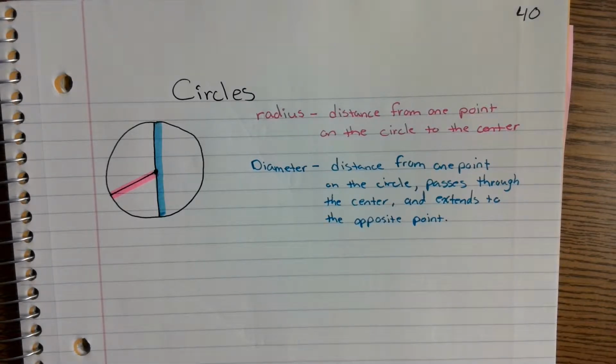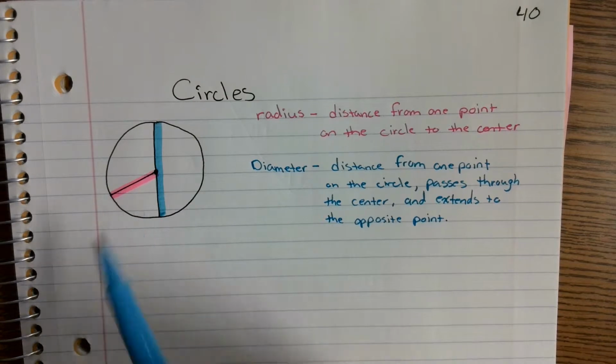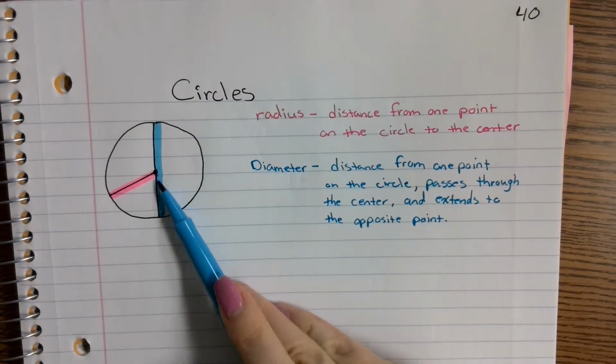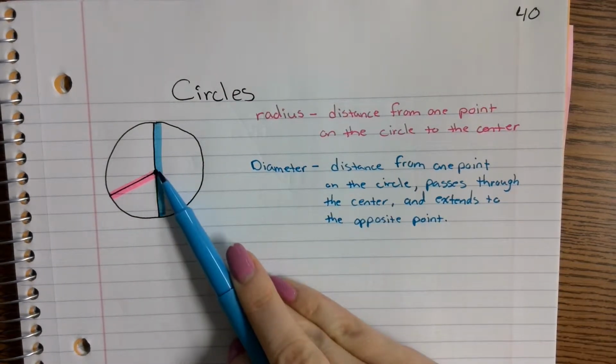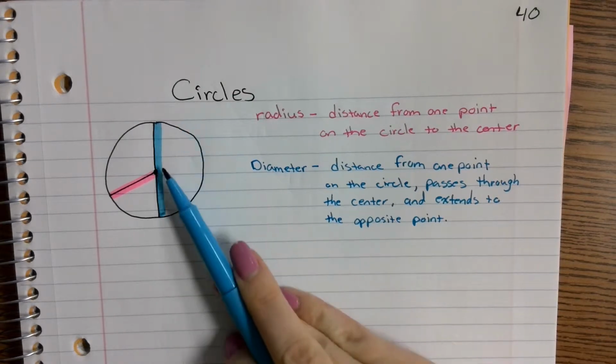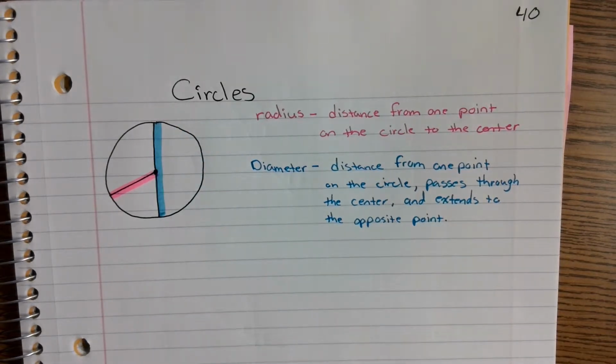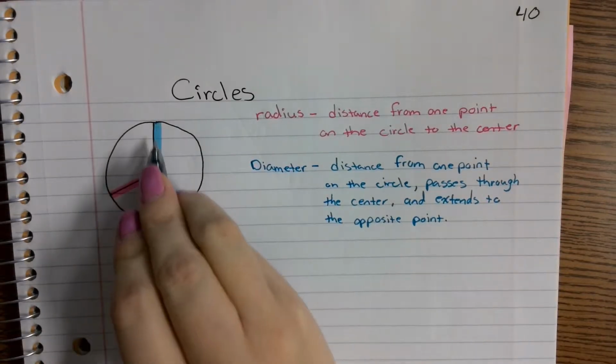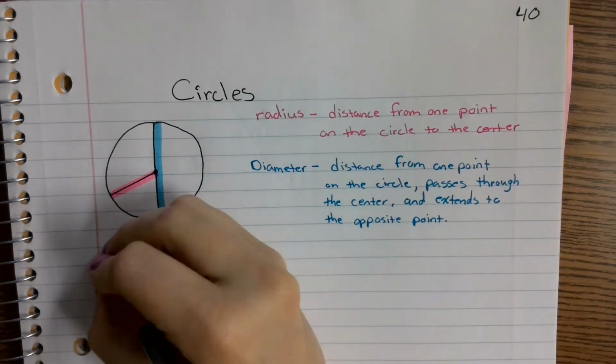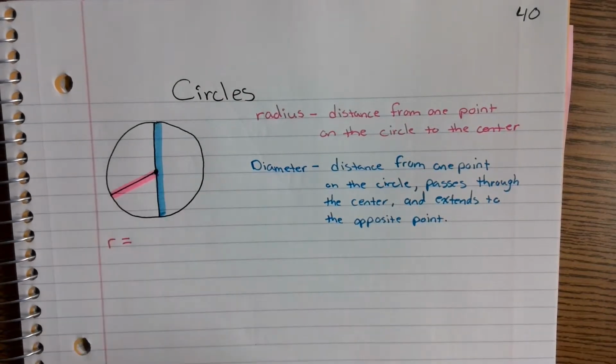So now, visibly looking here, I just told you guys, from this point to the center, that's the radius. And then from the center to this point, that is also the radius. So what do you think that means? If I was given the diameter and I wanted to know what the radius is, how do you think I can convert a diameter measurement to a radius measurement? What do you think, Rashawn?